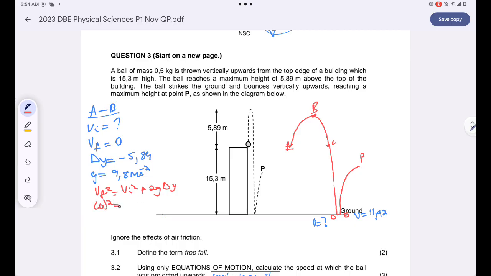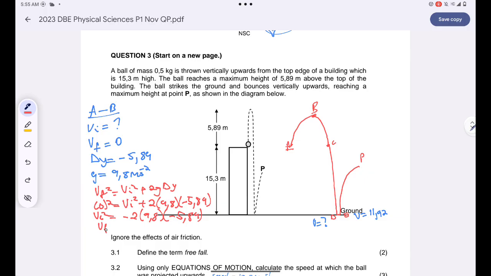Vf is 0. I don't know Vi, but I do know that here I have 2 multiplied by 9.8 multiplied by negative 5.89, right? Whenever I take this number to the other side, it will change the sign. I'll have Vi squared is equal to negative 2 times 9.8 multiplied by negative 5.89.